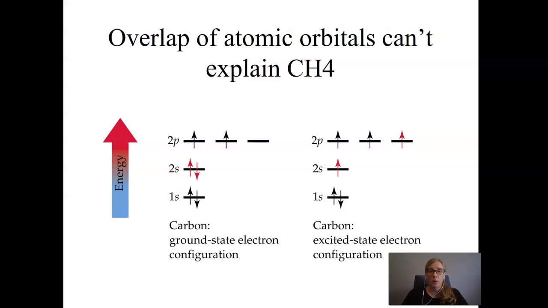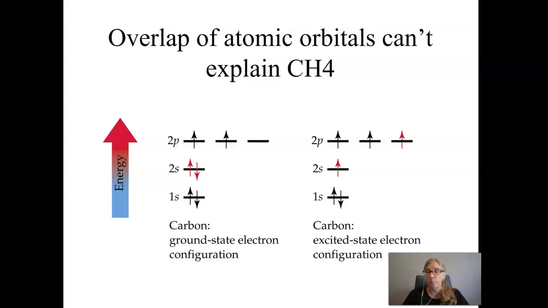So one way we could begin to solve that problem is by thinking about the carbon being in an excited state electron configuration, where we now have 1 electron in the 2s orbital and 3 electrons, each unpaired in one of the 3 2p orbitals.